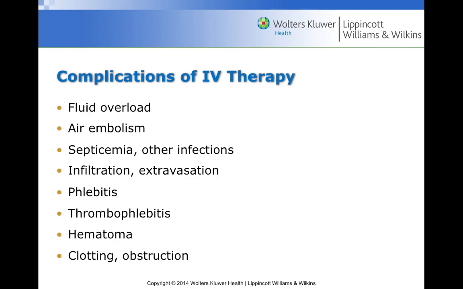If you're looking at an IV that has infiltrated, we also want to look for extravasation. This is similar to infiltration, but it is a little different. It is the inadvertent administration of a vesicant or irritant solution or medication into the surrounding tissue.